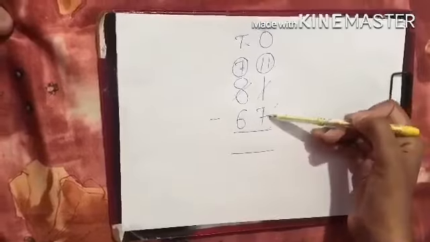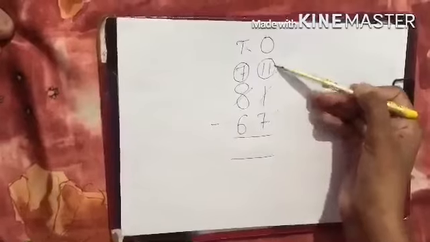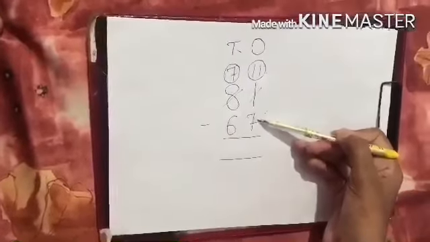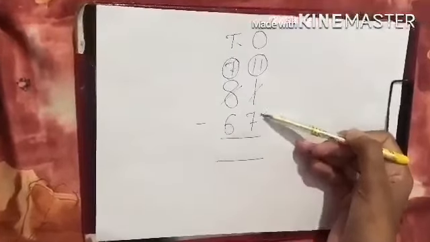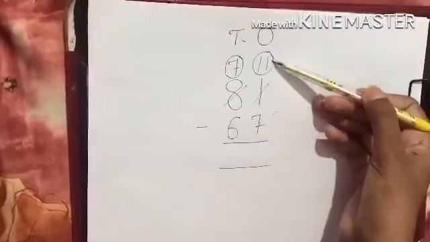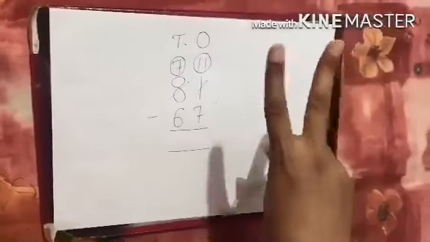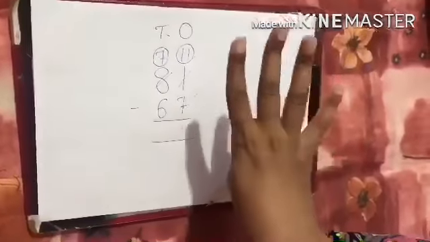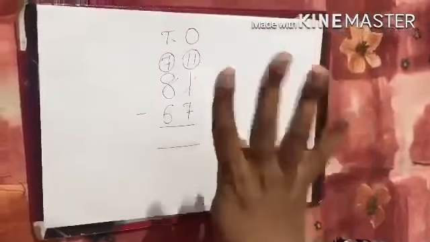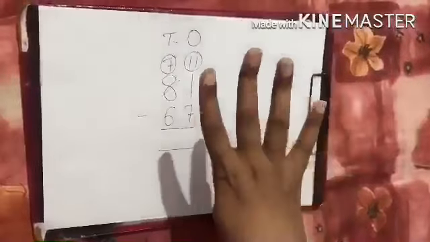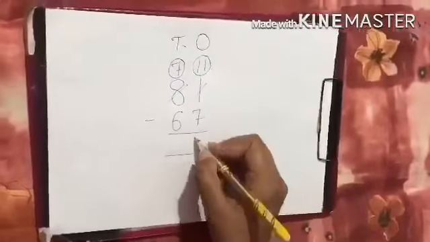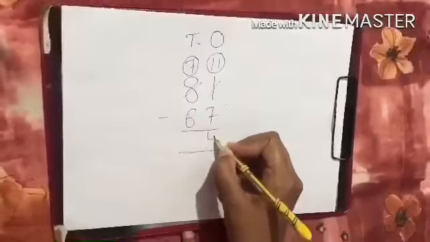For subtracting 7 from 11, we will start after 7, means we will start from 8 up to 11. So let's start. 8, 9, 10, 11. How many fingers are here? Yes, 4. So write 4 under the ones column.